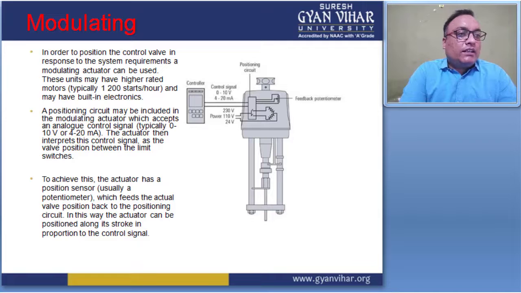In order to position the control valve in response to the system requirement, a modulating actuator can be used, and these units may have higher rated motors and built-in electronics. A positioning circuit may be included in the modulating actuators, and for this, typically 0 to 10 volt DC voltage is used, and the current is 4 to 20 milliampere.